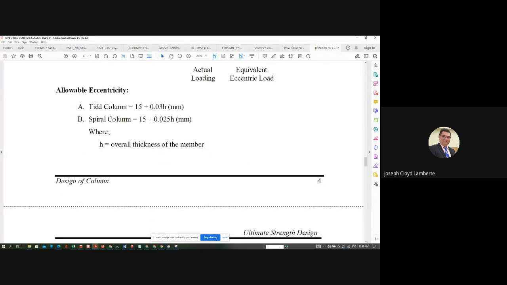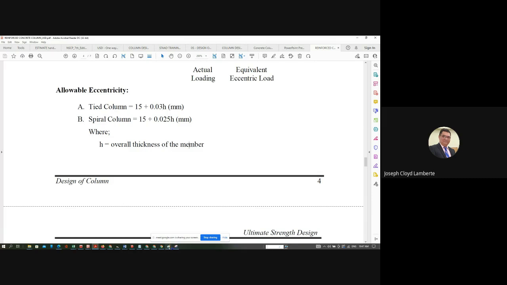For tied column, either rectangular or square, it is 15 plus 0.03 of h, in which h is the overall thickness of the member.